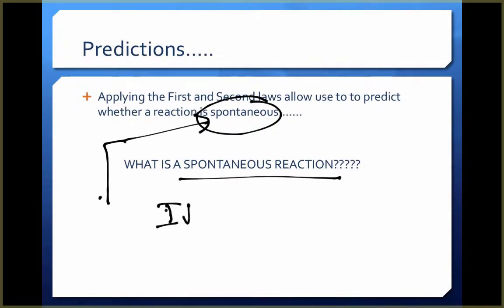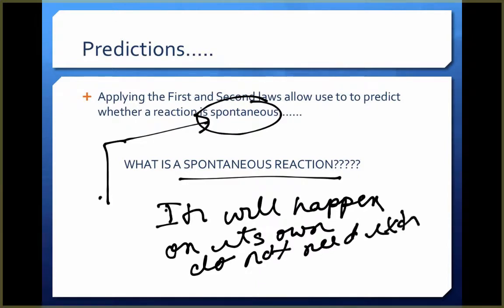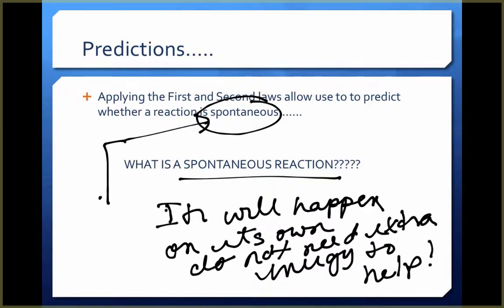It will happen basically on its own. You do not need extra energy to help. Okay?